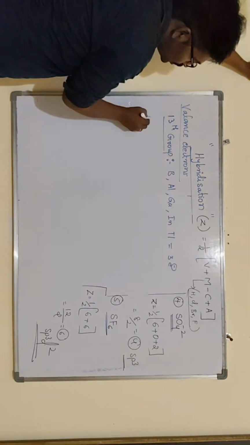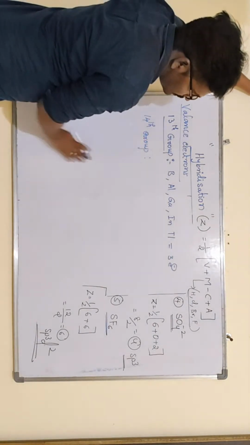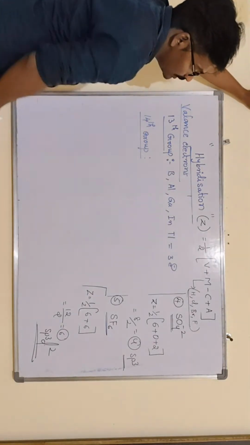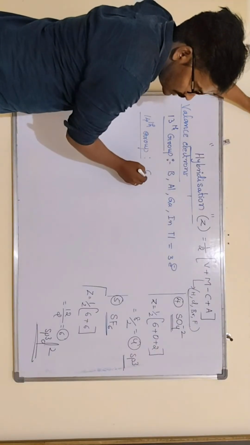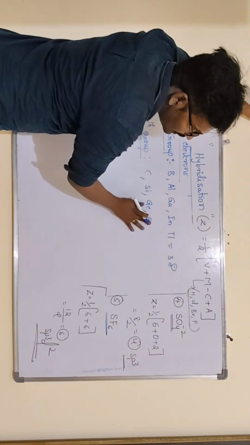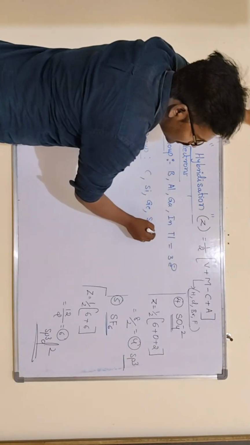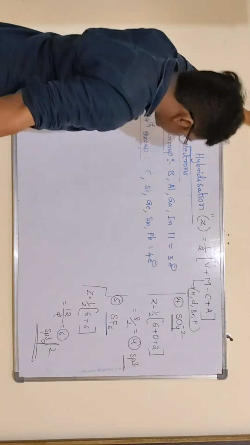In case of 14th group elements, what will be there? Carbon, silicon, germanium, tin, lead. For all these, 4 electrons are valence electrons.